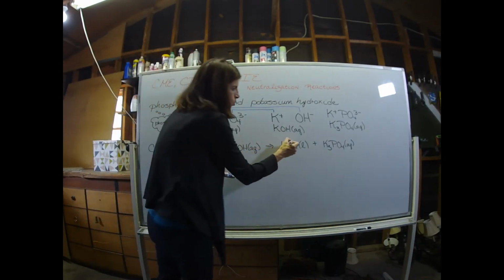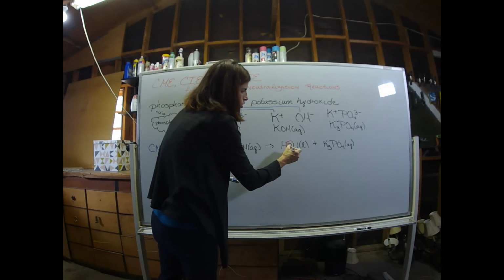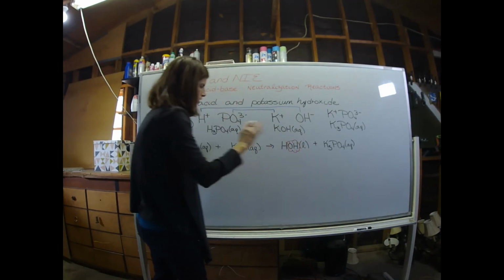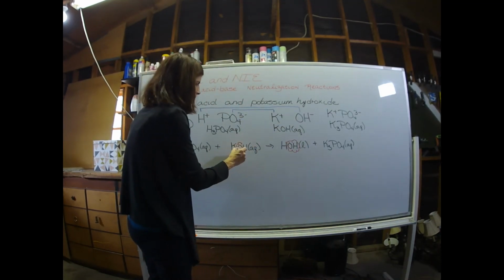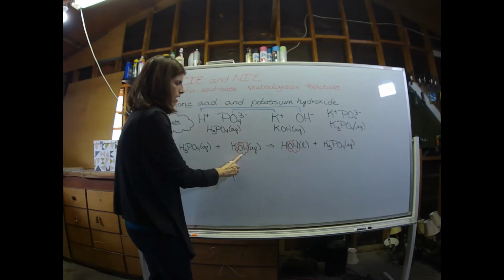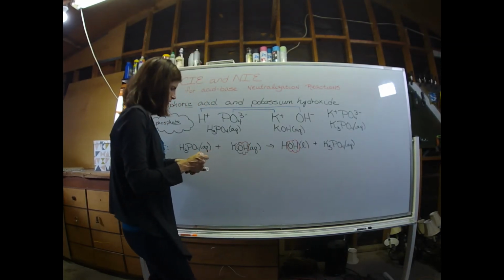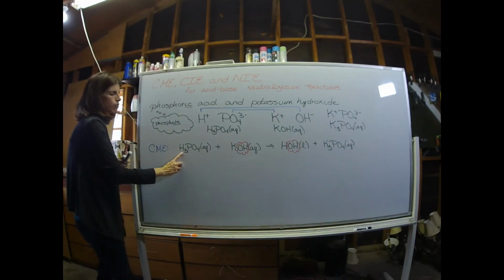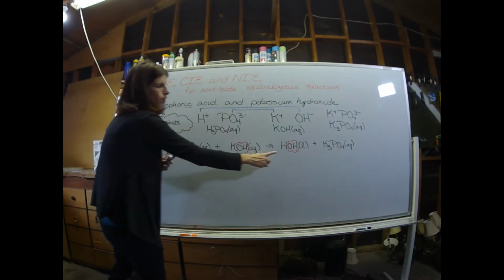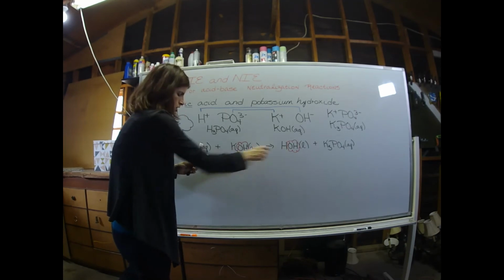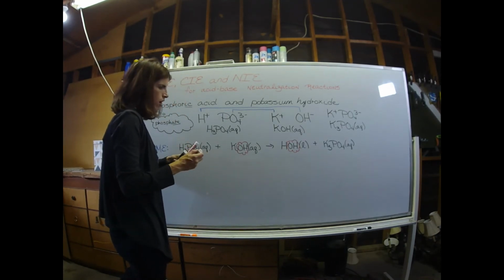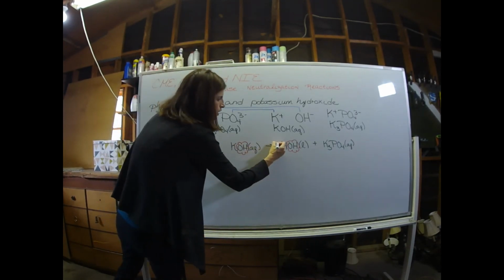Then we can consider the OH- as a unit when we're balancing. So here I have one OH- and here I have one OH-. Here I have 3 hydrogens, and over here I just have 1 hydrogen. So I'm going to have to put a 3 in front of the water.